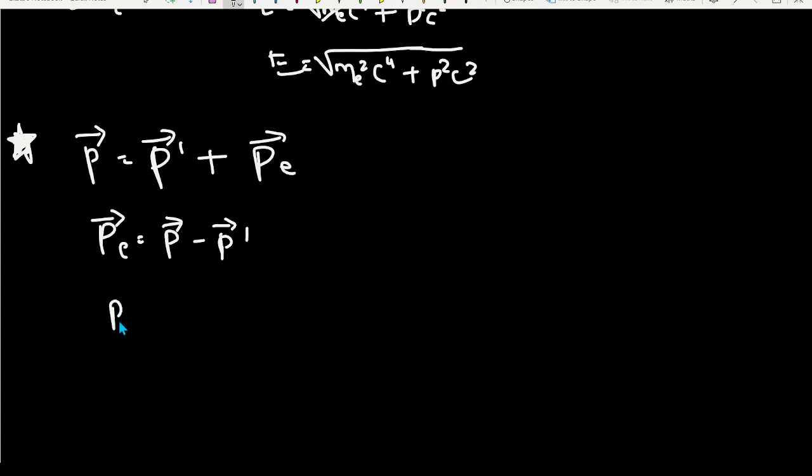After taking the magnitude, we get P_e squared equals P square plus P dash square minus 2PP dash cos theta. I'm removing the vector arrow because now it's all about the magnitude, not any direction. Do not get confused.